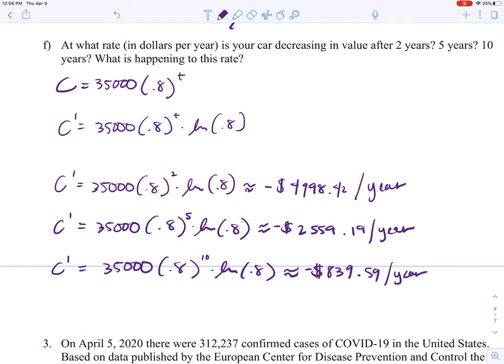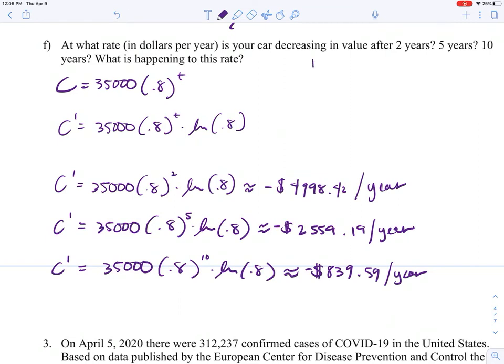Okay, so what does it seem like is happening to the rate? It actually seems like the rate is slowing down, or the car starts losing less money per year the older it is. If the car is decreasing in value, that should make sense.